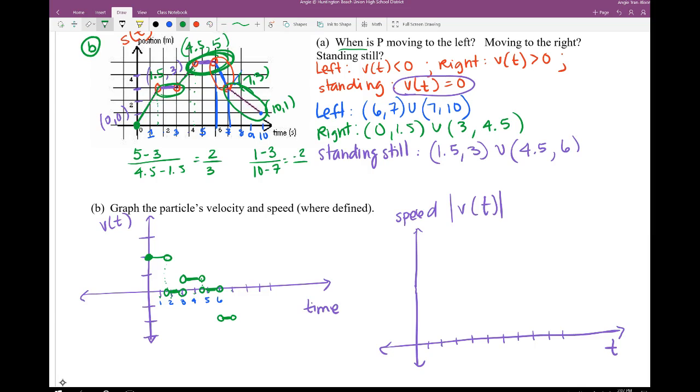That's -2 over 3, so -2/3. So this is 7, this is 8, this is 9, this is 10. So from 7 to 10, it's negative and is close to -1.